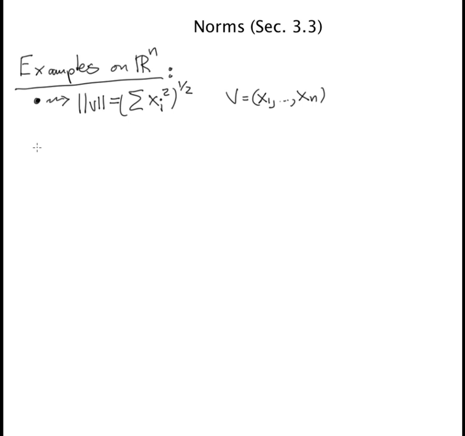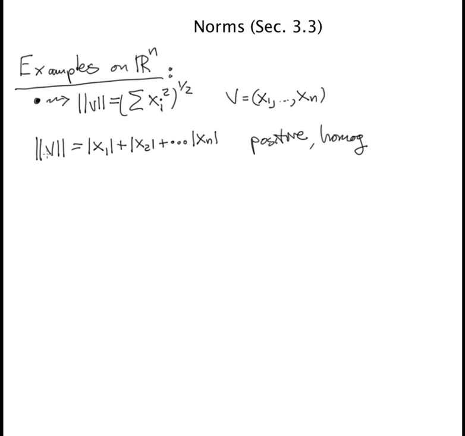So here's an example. You can define the norm of V to be just the sum of the absolute values of the coordinates. Is that a norm? Well, let's see. It's positive. And it's homogeneous.